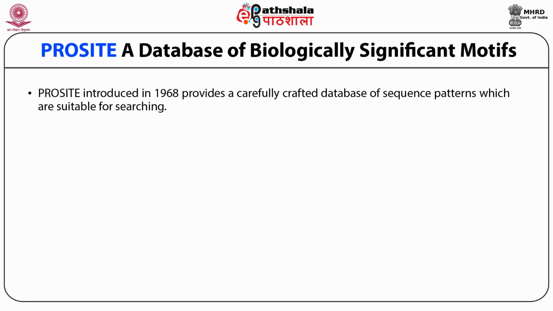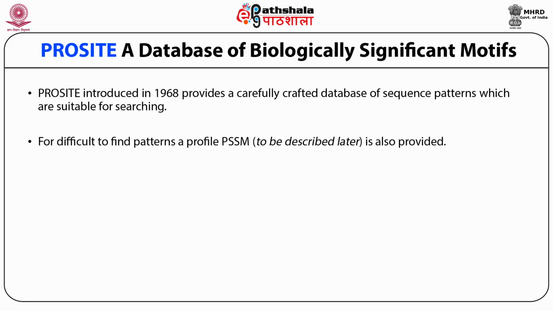And today they have a huge number of very carefully constructed sequence motifs or sequence profiles which match certain specific functional protein families. Not only that, in some cases you do not find an exact pattern. It's much more complicated. So they have defined what is called a PSSM, or a position specific scoring matrix, which I will be describing shortly.